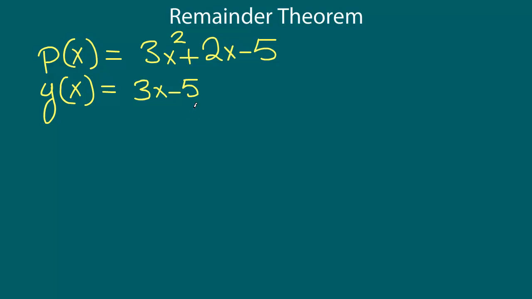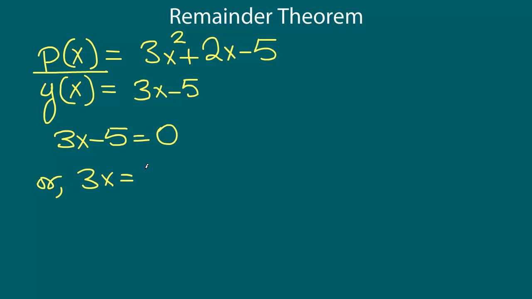So what will be our remainder now? Well, we will equate our divisor polynomial to 0 and find out the value of x. So let's say 3x minus 5, we are trying to divide like this, right? So we will find out this equals 0, or from here we will find out 3x equals 5, or we will say x equals 5 by 3, right?